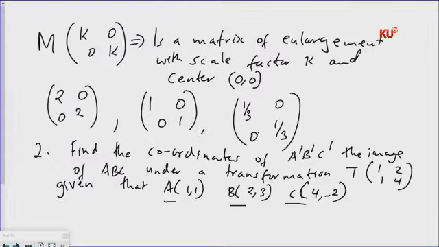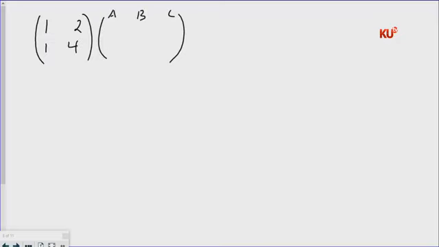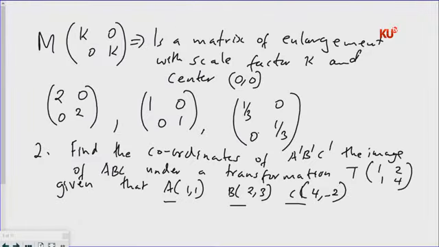We take our matrix [1, 2; 1, 4] and pre-multiply it by the object points A, B, and C. You can put them together: A is (1, 1), B is (2, 3), and C is (4, negative 2).